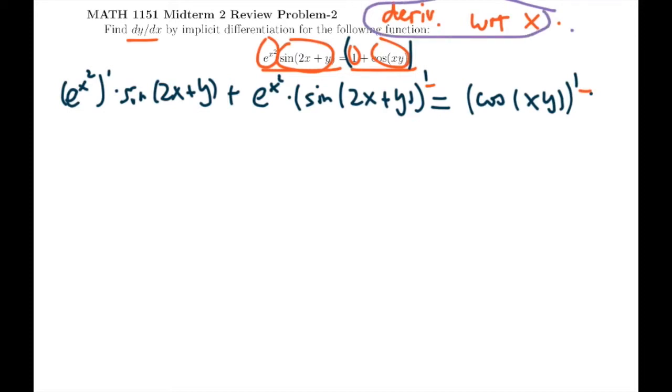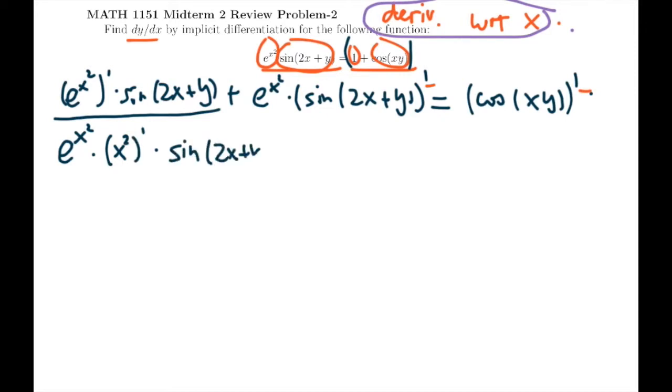Alright, then we move on to the actual differentiation. For the first piece here, we're going to take the derivative of e to the x squared with respect to x. So that is e to the x squared times the derivative of x squared, and times sine of 2x plus y.